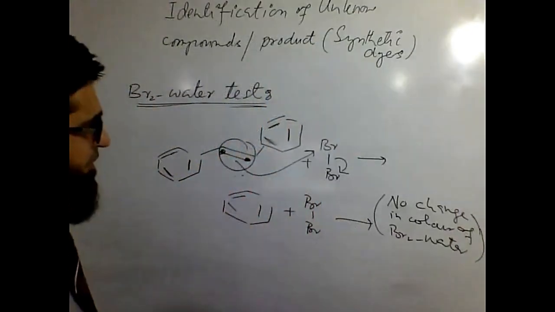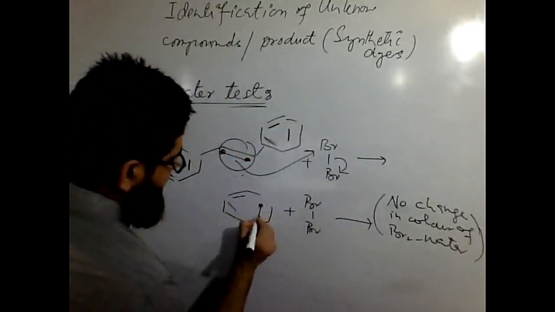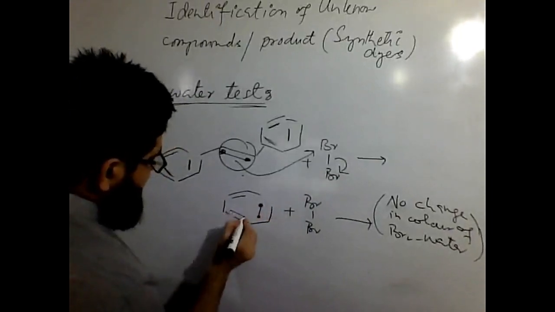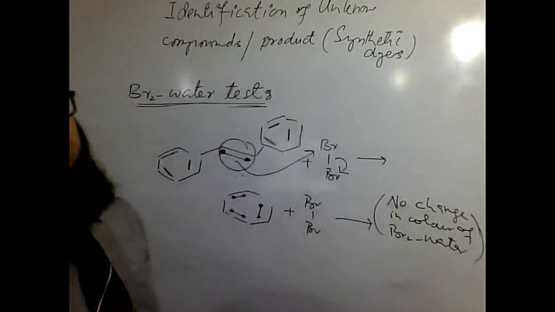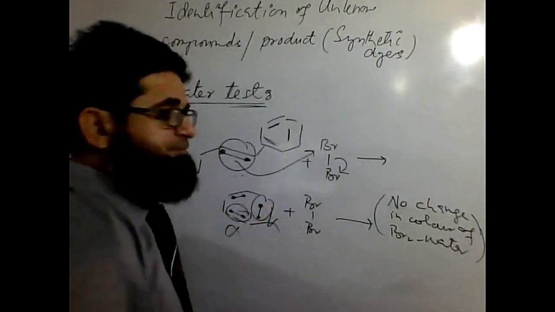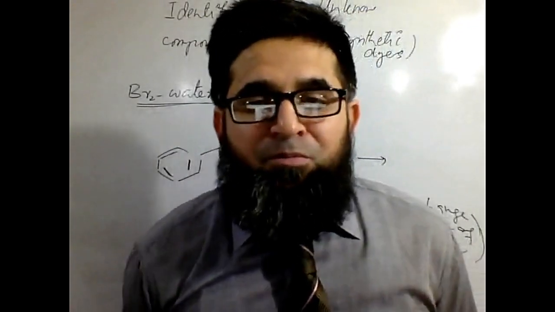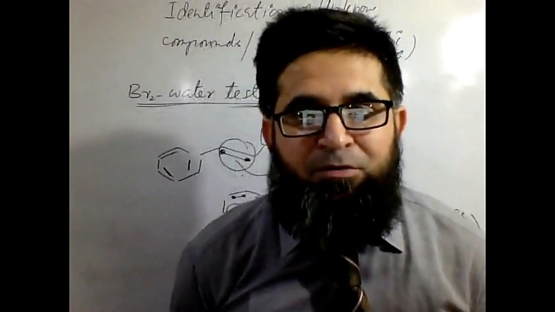Why will it not react? Because, as I've told you earlier, and you have an idea from your physics classes as well, the double bonds in benzene are not true double bonds. They are resonating, more like single bonds.